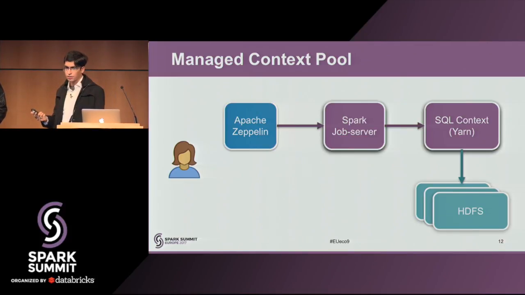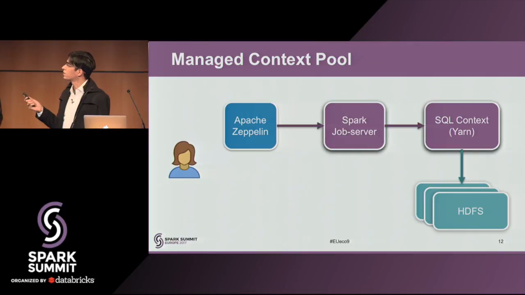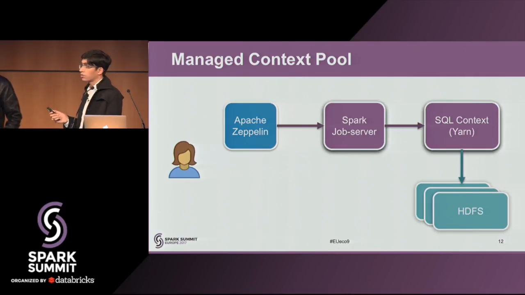It was originally built by Ooyala, and it's currently under Spark Job Server's own repository. It offers long-lived contexts and allows users to remotely deploy their own custom applications, run different commands on those applications remotely, and access data through REST. The contexts that we were running on Spark Job Server were custom SQL contexts. They were running on Yarn, and they were accessing data through HDFS.